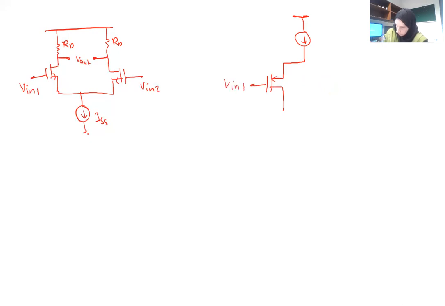VN1, and then VN2, and another PMOS. And we can have here either a resistor or a current source, VB and the same VB here. Okay, and this is ISS.